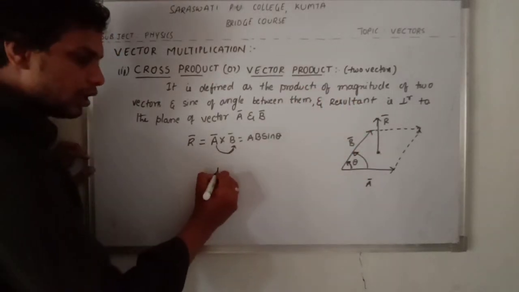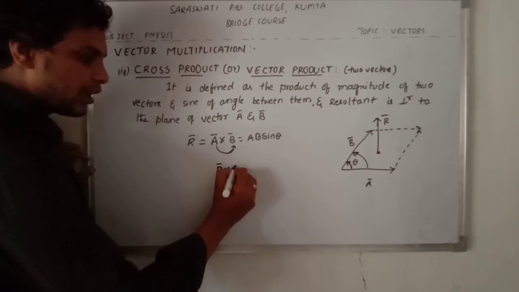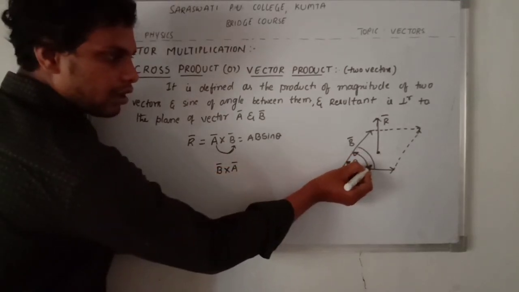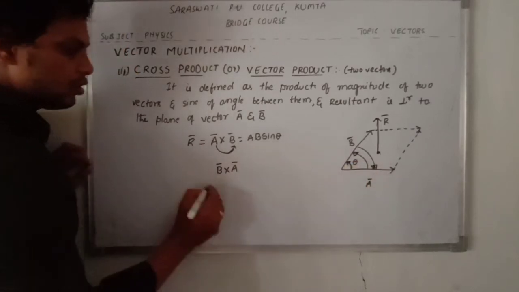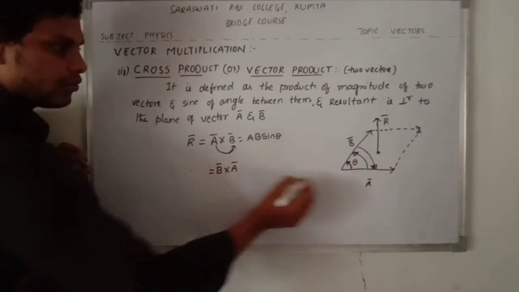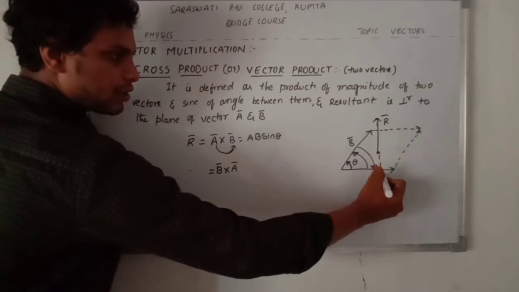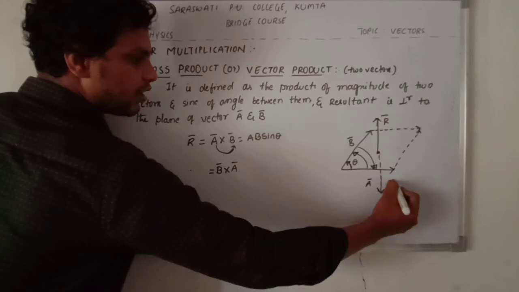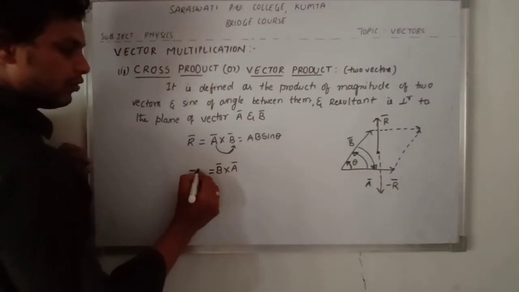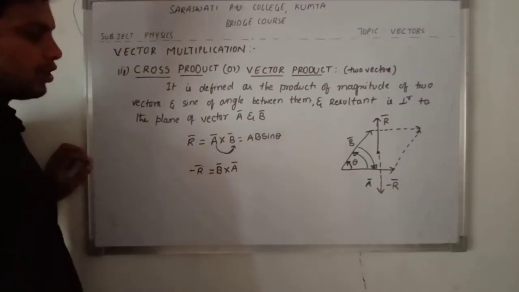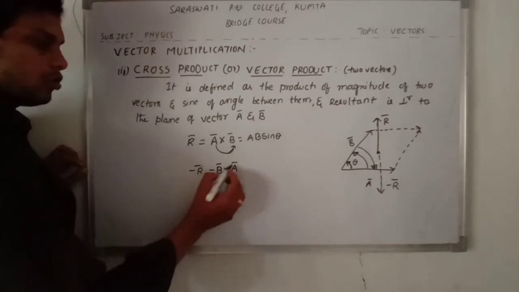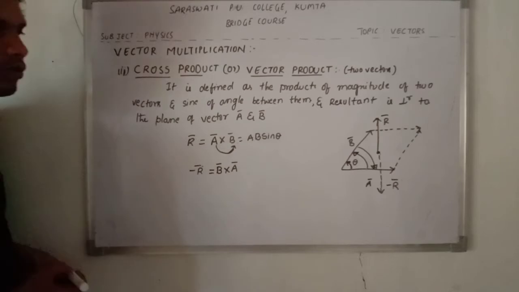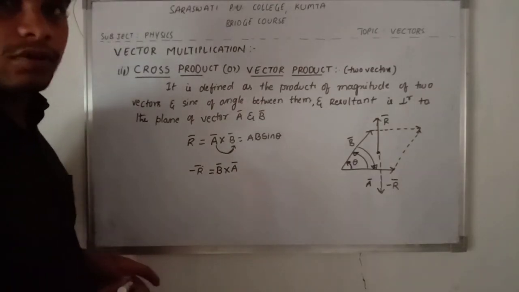For example, if b crosses on a, that is, vector b falls on vector a, that is the clockwise direction. For clockwise direction, the resultant will be in the downward direction, which is considered as minus R bar. Therefore, a bar cross b bar, resultant will be in upward direction, and b bar cross a bar, resultant will be in downward direction.